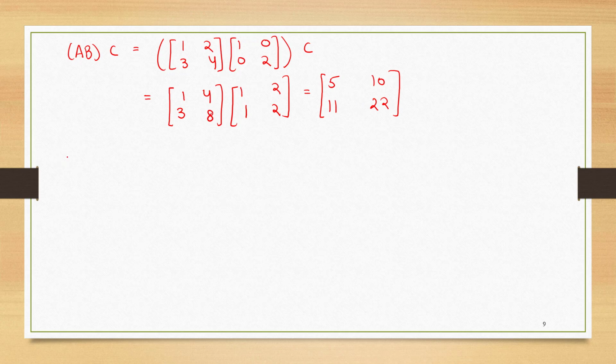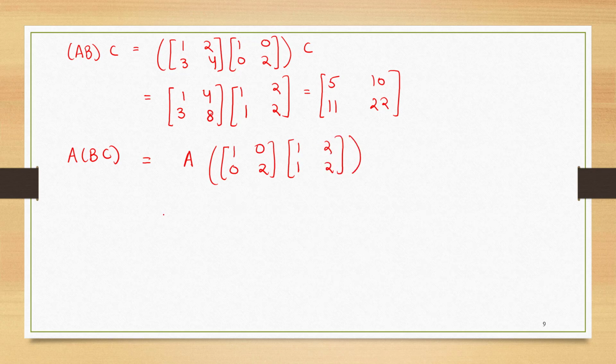Now let's solve the right hand side, A into B into C. So we keep A as it is, B is 1, 0, 0, 2 and C is 1, 2, 1, 2. That is A as it is and we get 1, 2, 2, 4.